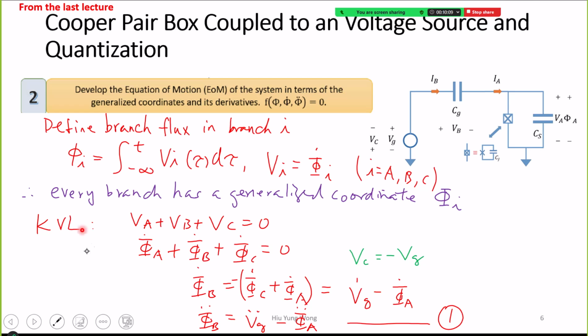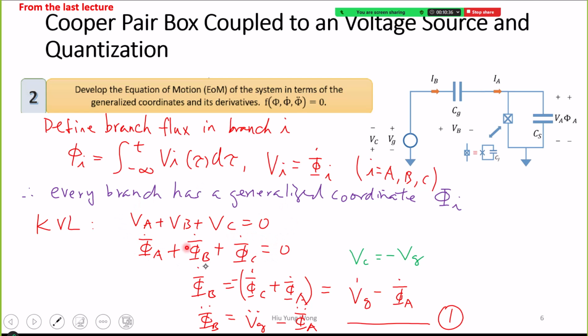So now let's go ahead and do the equation of motion, right? It's KVL, because in circuits it's Kirchhoff's voltage law. First you need to label the direction correctly. We have VA, VB, VC. I label them as negative plus, negative plus, negative plus. As a result, VA plus VB plus VC equals 0.